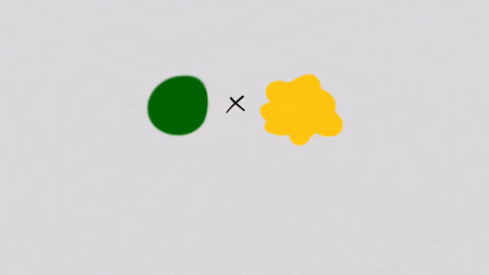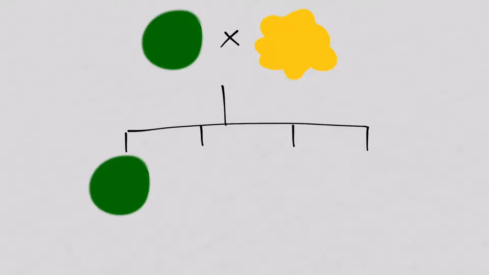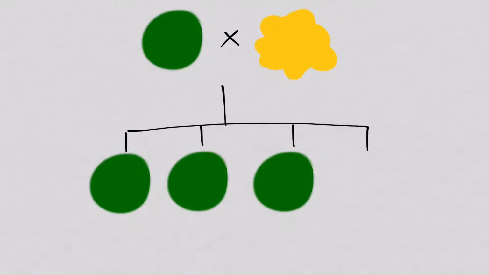Close enough. Let's assume we have two peas, and we cross them together. We have a round green pea and a yellow wrinkly pea. They have pea babies, and all of these pea babies are green and round. So they look like this.